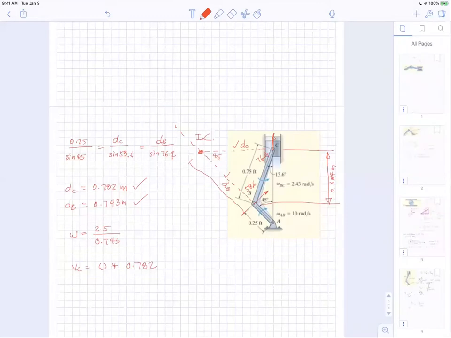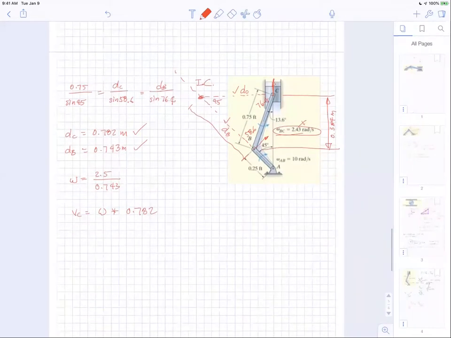The velocities don't work out right. This would give us the correct velocity of C, and then we could solve for omega BC. Anyway, this is how to solve the problem using instantaneous center. It involved quite a bit of geometry, but there you go.